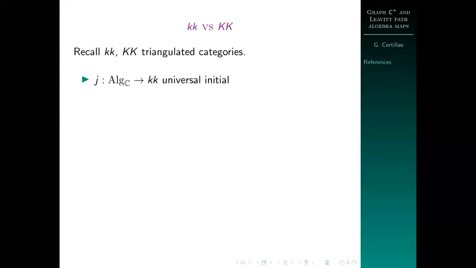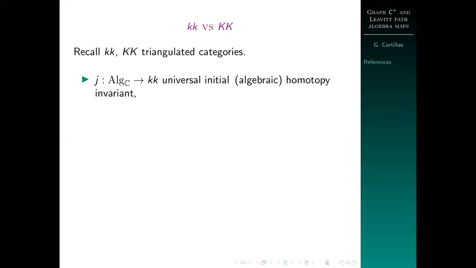The first one I call little kk, and the second one big kk. These two are triangulated categories, which are the target of universal functors. In the case of the algebraic bivariant K theory, it is the target of a functor from the category of algebras over the complex numbers, which is the universal initial functor to a triangulated category which satisfies a number of properties.